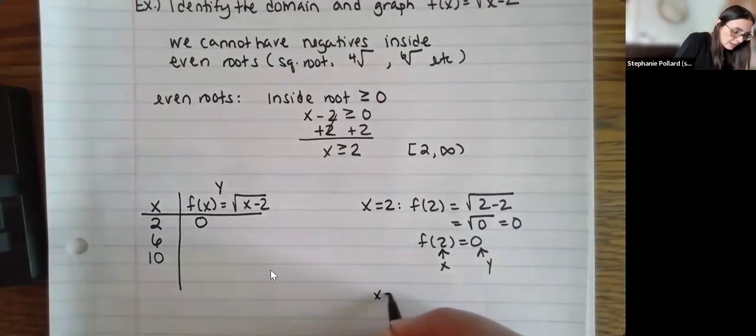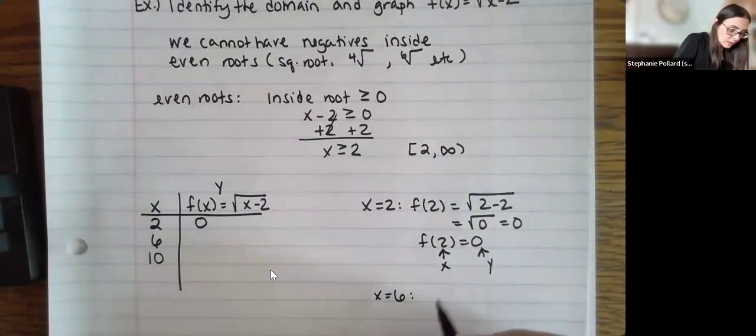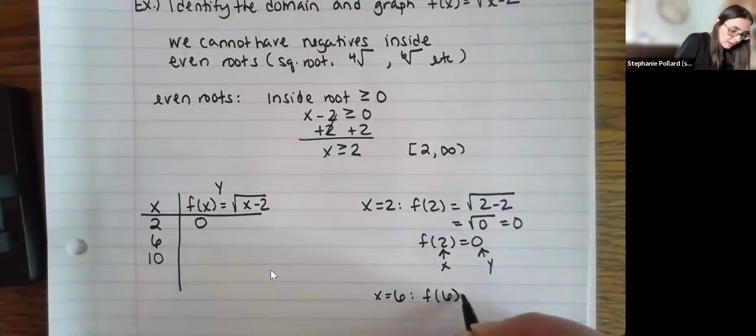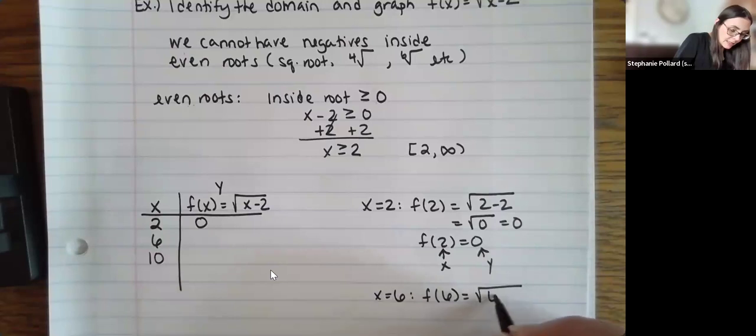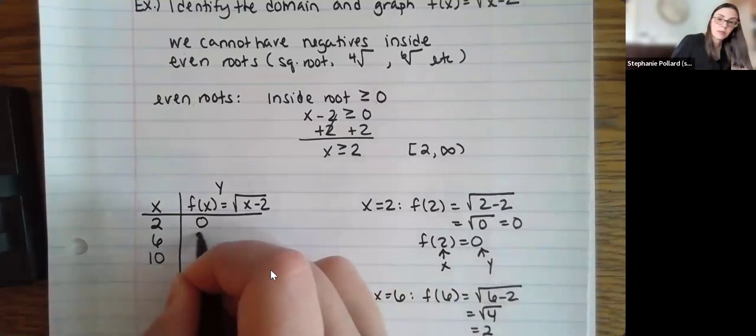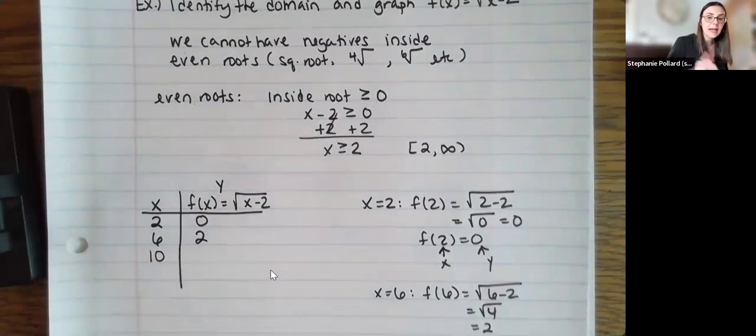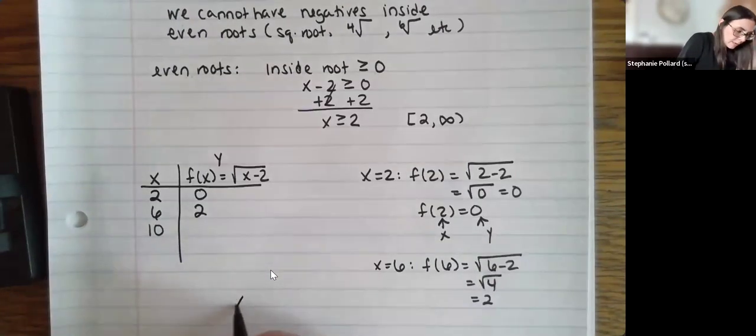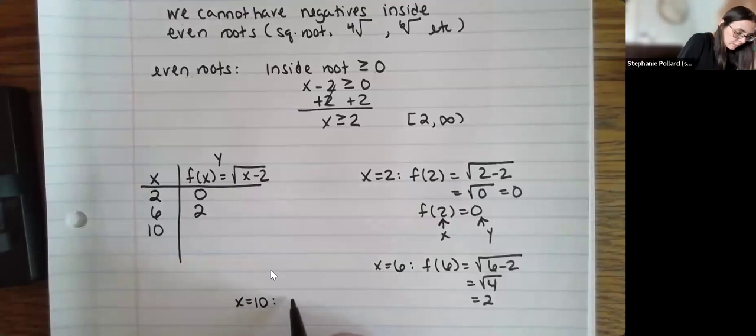When I do 6, and again, I just picked values. I tried to think a little bit ahead here. And I said, okay, when I plug in 6, then I get root 4, which is 2. So that's a nice, easy one that I can simplify there. And then the last one I kind of purposely picked a little bit messier. So 10 minus 2 is 8.